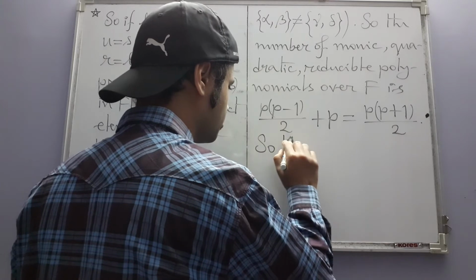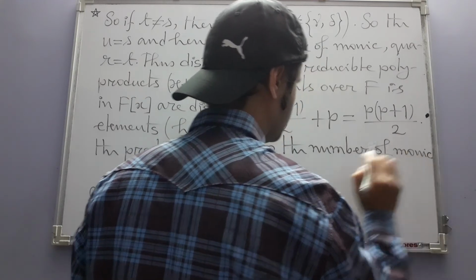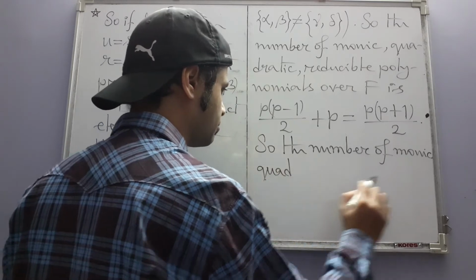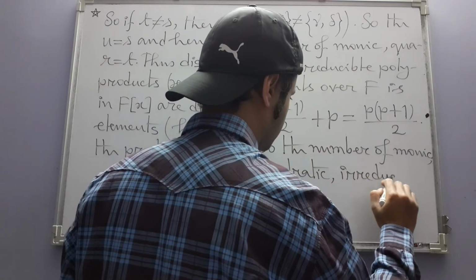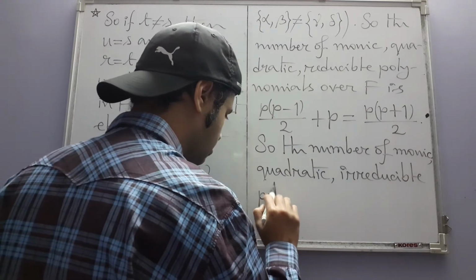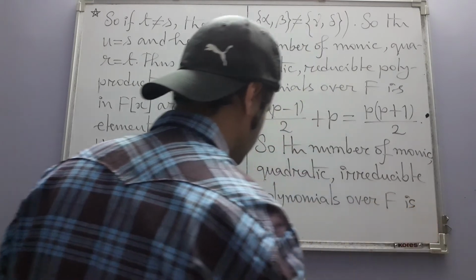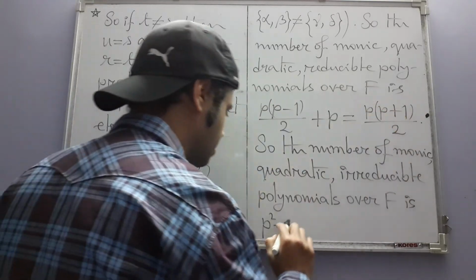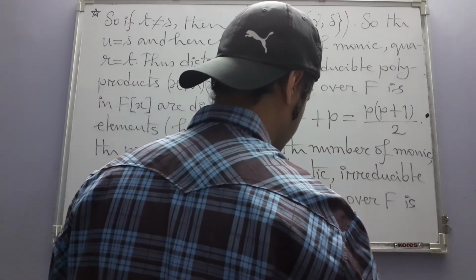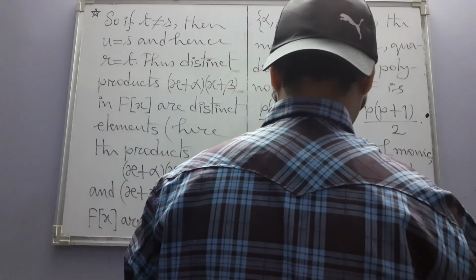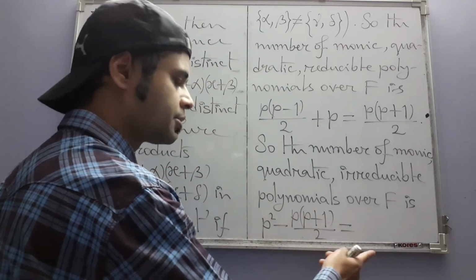So the number of monic quadratic irreducible polynomials over F is p square minus this number, which is going to be equal to two p square minus p square, which will be p square minus p divided by 2.